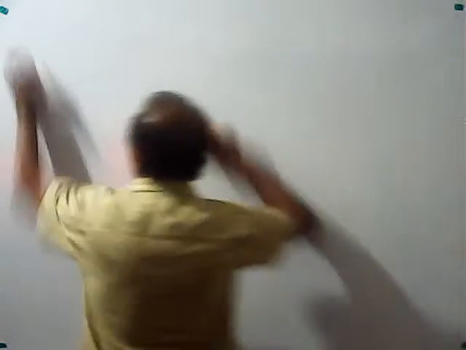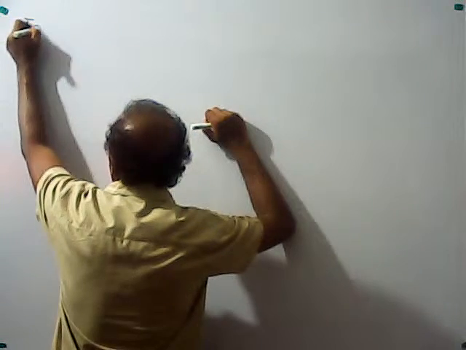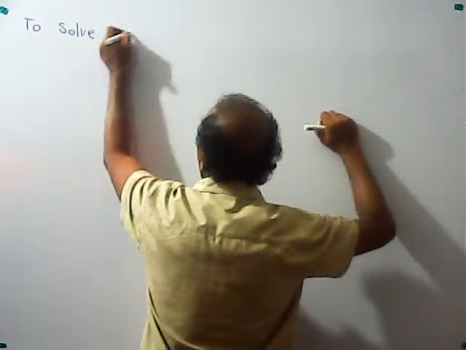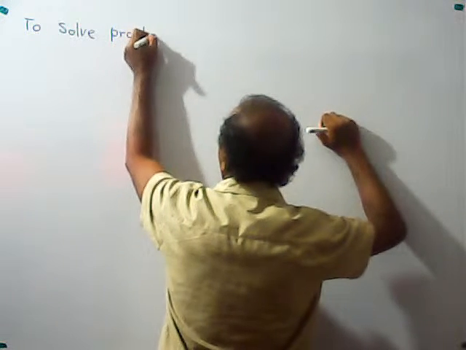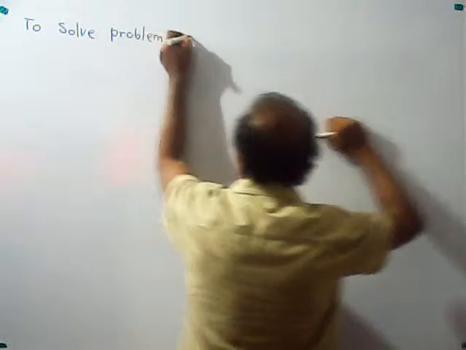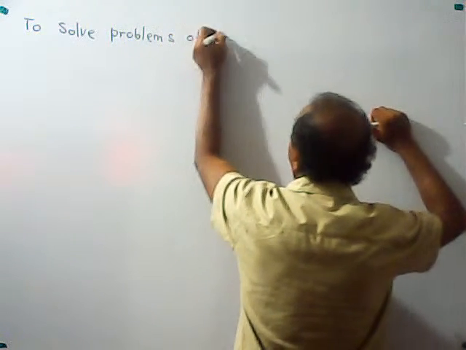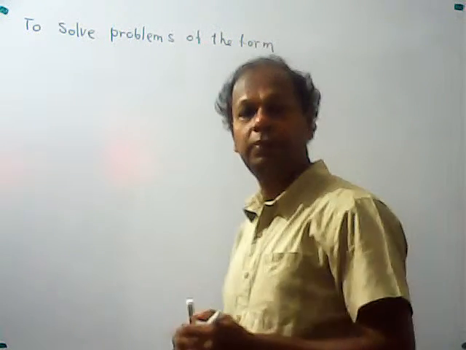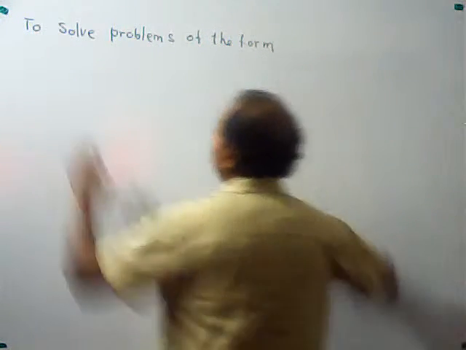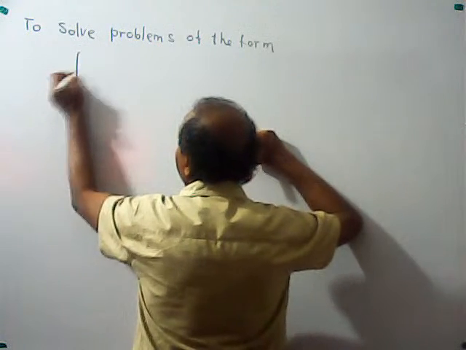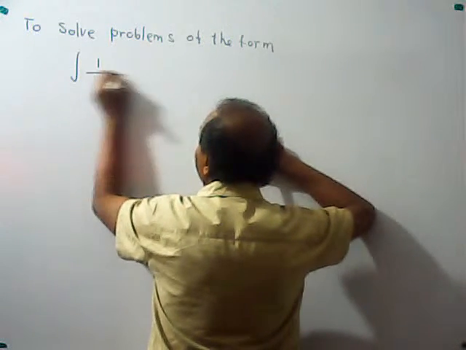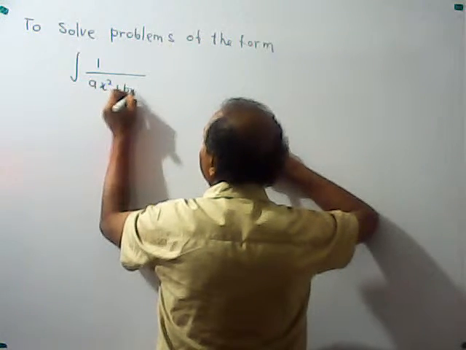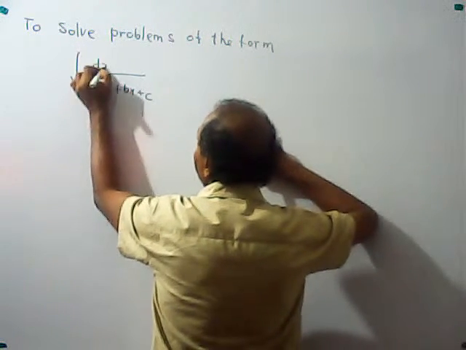Here, to solve problems of the form... earlier we solved integral 1 over x squared plus bx plus c, quadratic to integrate.